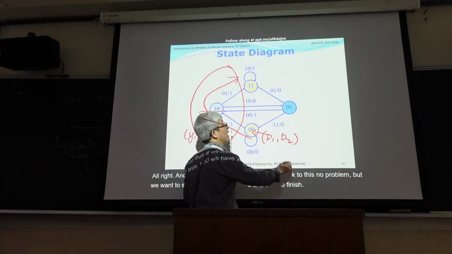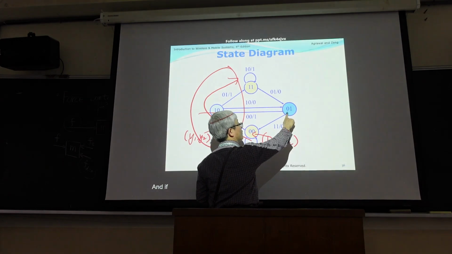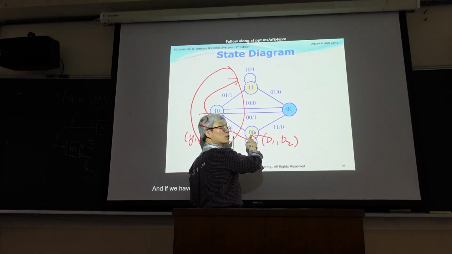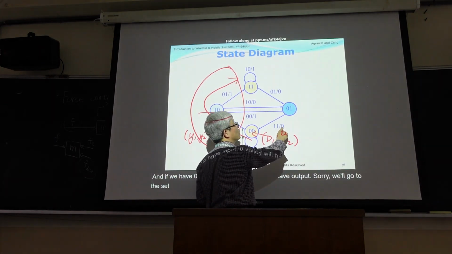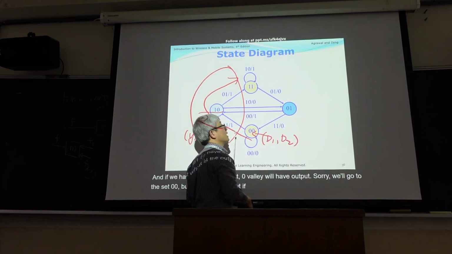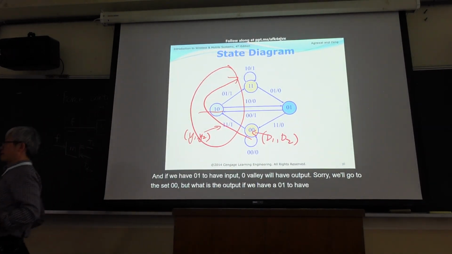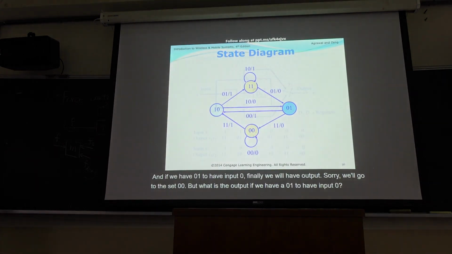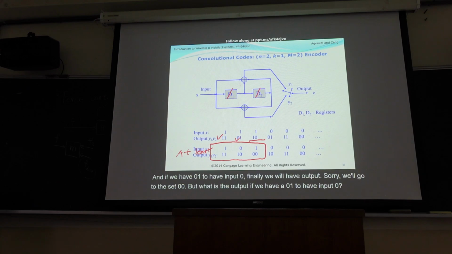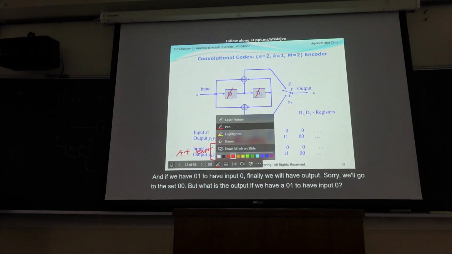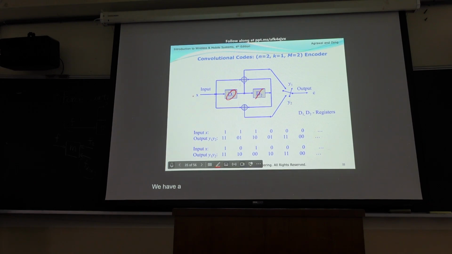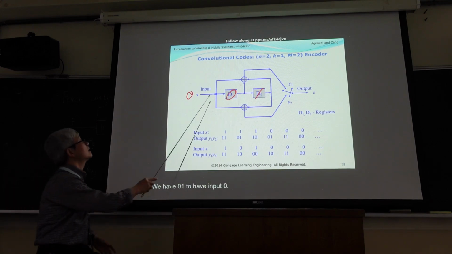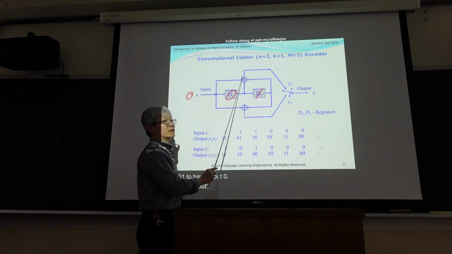And if we have a 0, 1, to have an input 0, finally we will go to the state 0, 0. But what is the output? If we have a 0, 1 to have an input 0, what's the output? 0, 0, and 1.